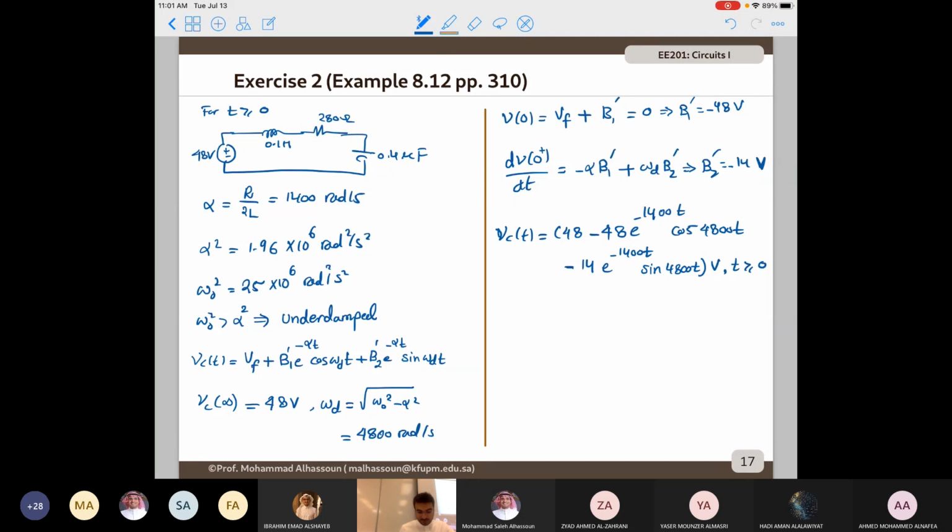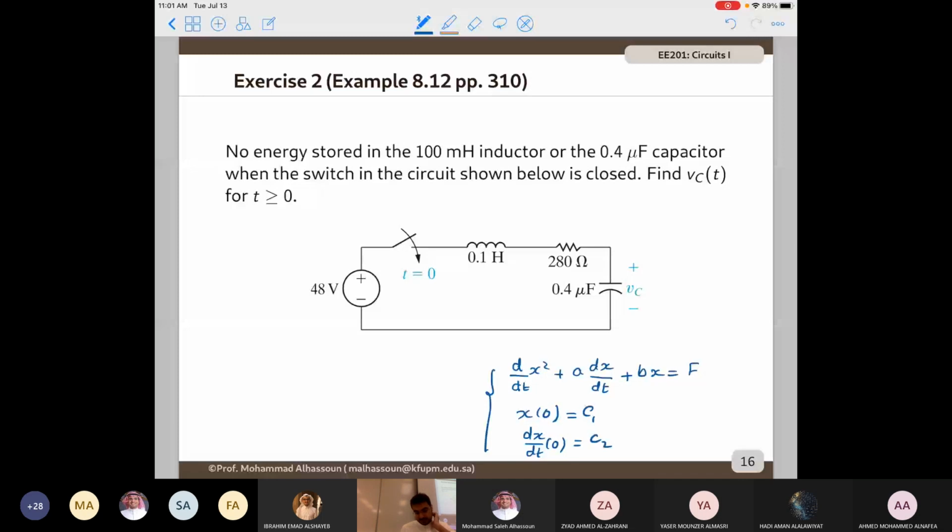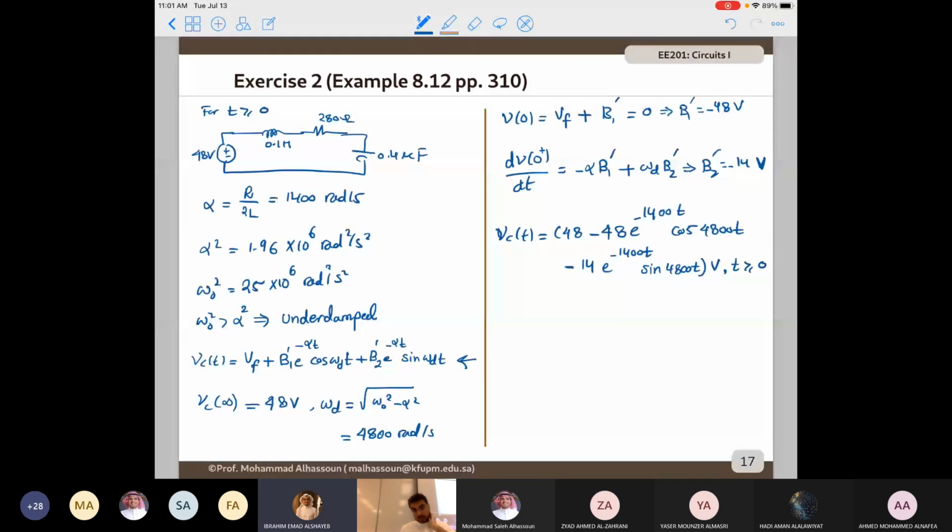If you evaluate this solution at 0, you will end up with VF plus P1 prime, right? And this should be equal to the initial condition of the voltage across the capacitor, which was 0. Is that clear?